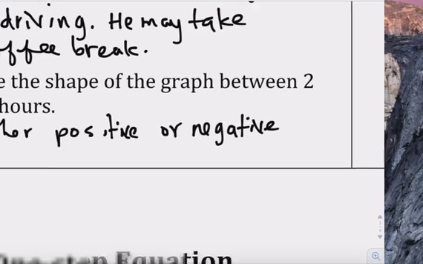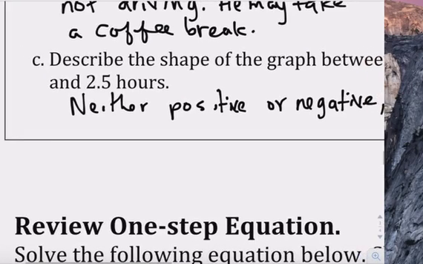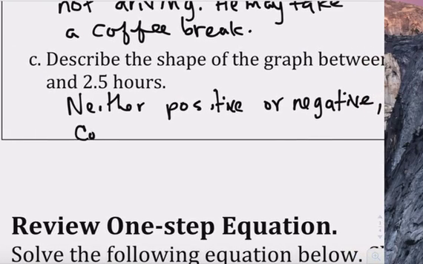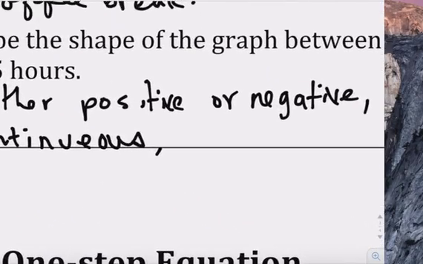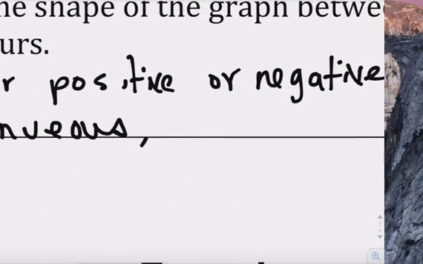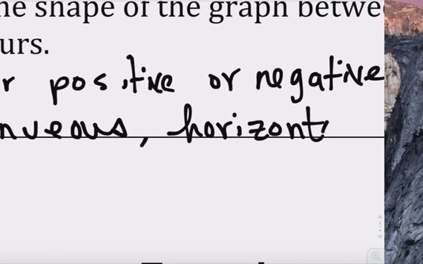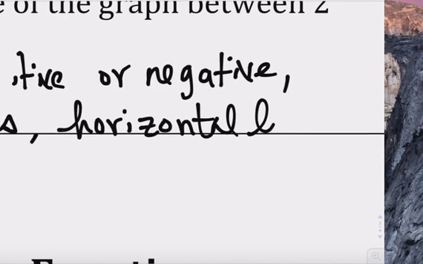It is continuous because it's one line. So it's linear, continuous, and horizontal. We call that a horizontal line.